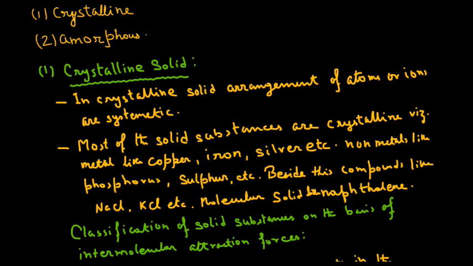Most solid substances are crystalline, such as metals like copper, iron, silver, etc., and non-metals like phosphorus, sulfur, etc. Compounds like sodium chloride and potassium chloride are also crystalline solids. Molecular solids like naphthalene are also crystalline solids.